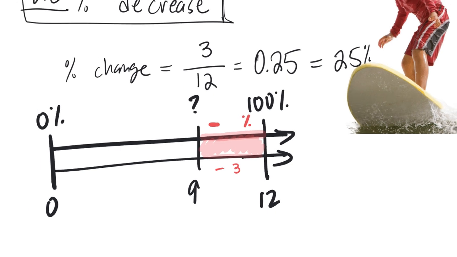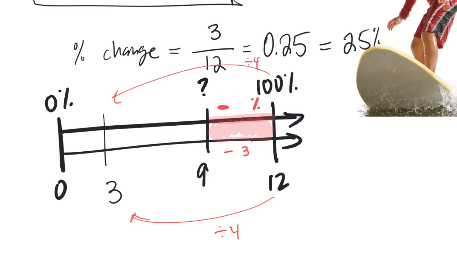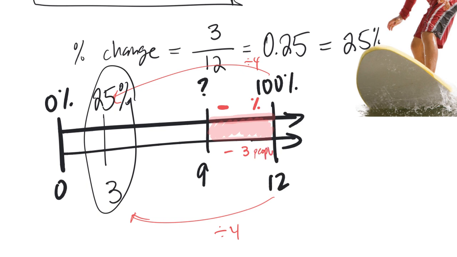All right. And then, so you'd probably go to 3 here, right? We'd probably say, hey, what's 3 people? So divide by 4, divide this by 4, and we get 25. We get 25%. Oh, and hey, look, 3 people is 25%. So if we go down 3 people, we go down 25%.